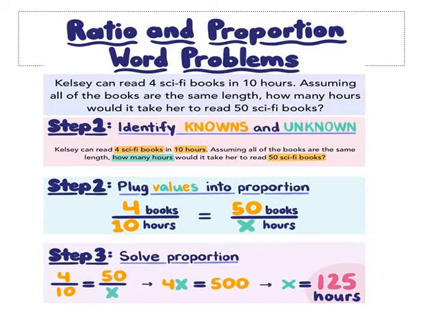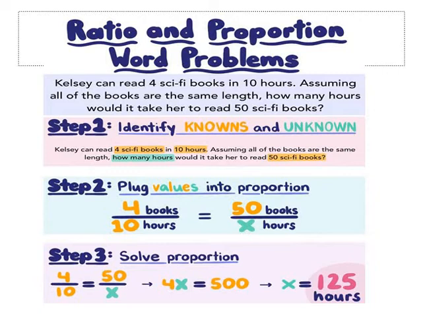The new known value is 50 books, but I don't know how many hours, so the unknown is x. I will put it facing the old hours, which are 10.